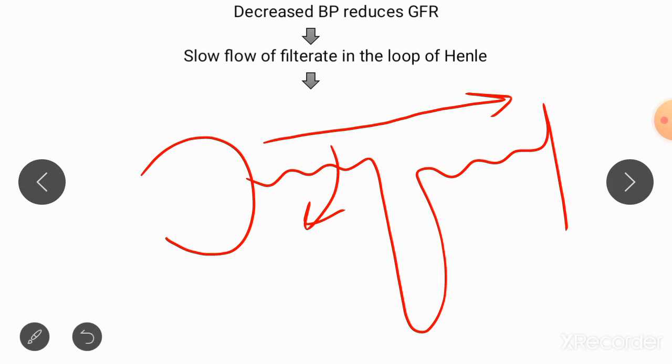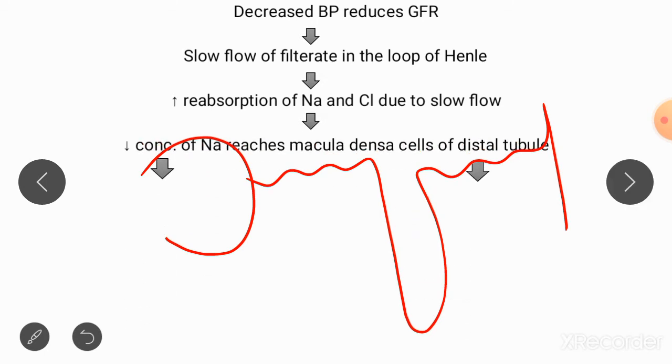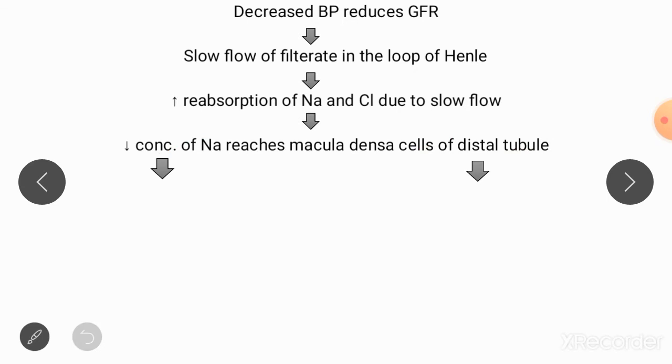And when the movement of filtrate and sodium is slower, the exchangers will have a greater chance to reabsorb more sodium. So the reabsorption of sodium and chloride is increased because of slow flow, and by the time the filtrate reaches the distal convoluted tubule, the concentration of sodium is very low, which is sensed by the macula densa cells.